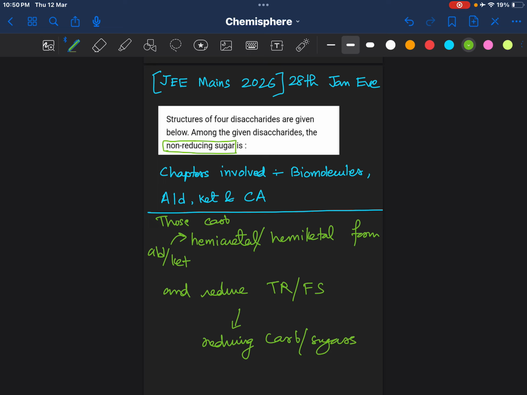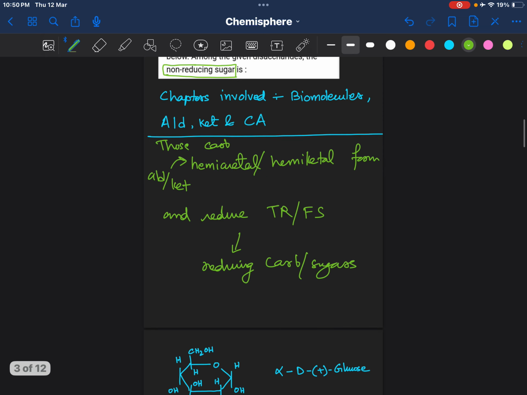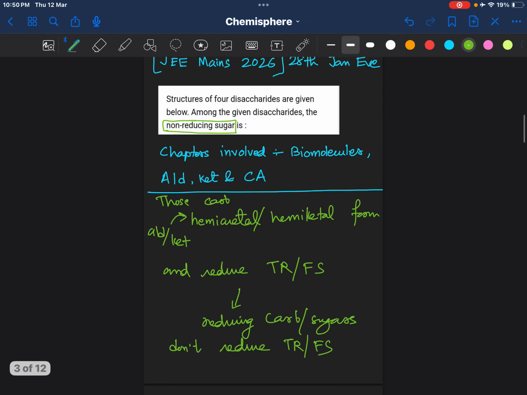That's the definition. And those carbohydrates or sugars which don't reduce Tollens reagent or Fehling's solution are known as non-reducing carbohydrates or sugars.